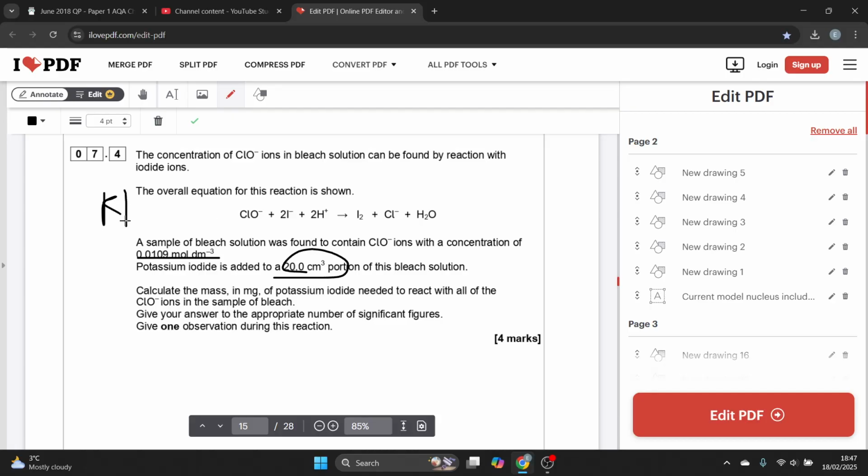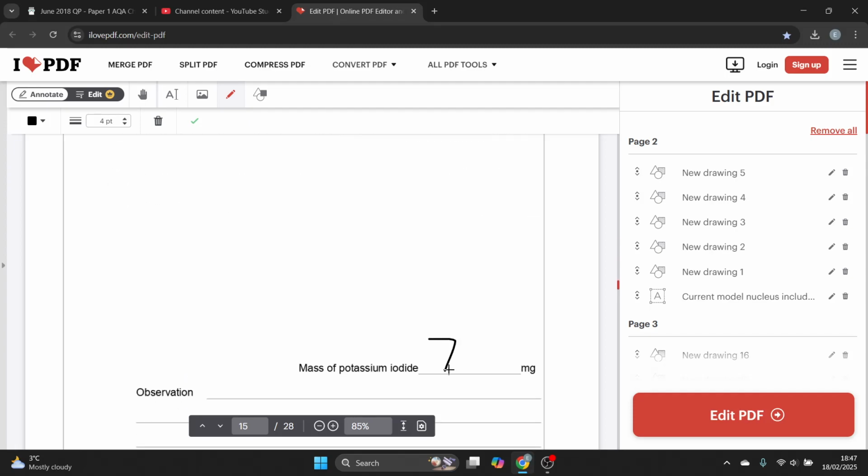I don't know the Mr of iodine, I'm pretty sure it's pretty high, and 166. Then I get the mass in grams as 0.072376, and times by 1,000 to milligrams, 72.4 milligrams.